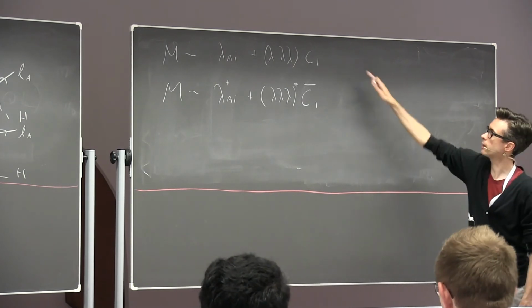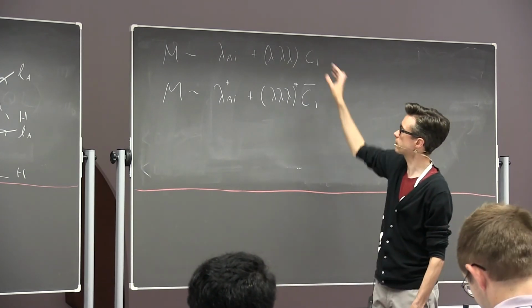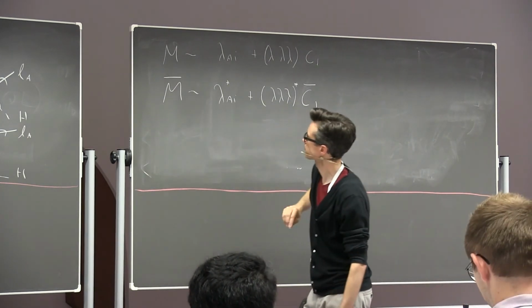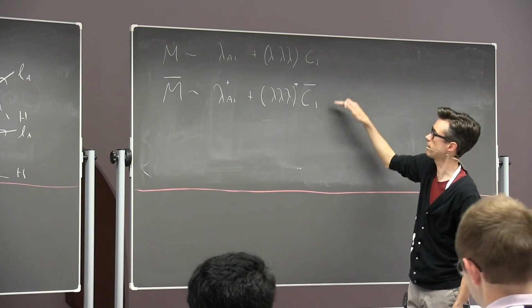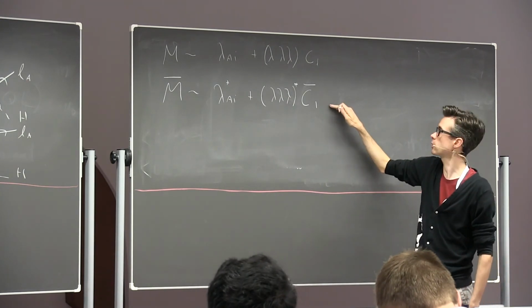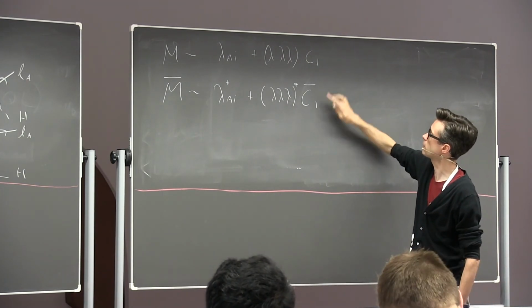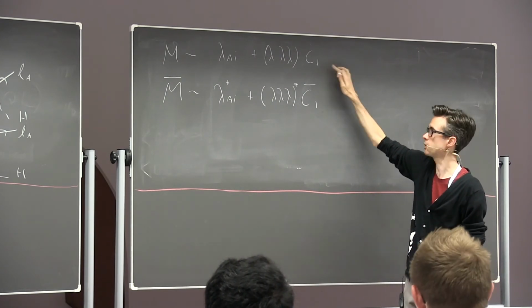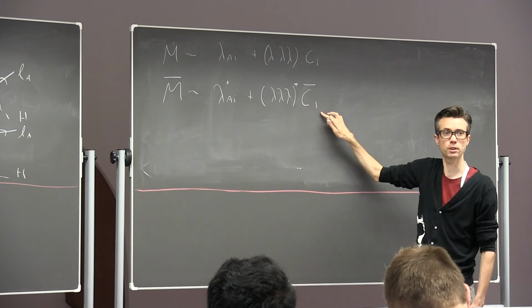So now I look at this, and I look at this, and I square this, and I square this. What I find is if I square this and I square this, I'm going to get the same answer if C1 bar is equal to C1 star. So what I need to get non-trivial CP violation is C1 bar different from C1 star.